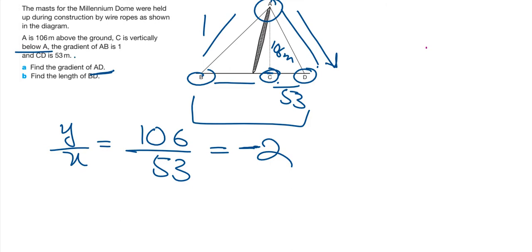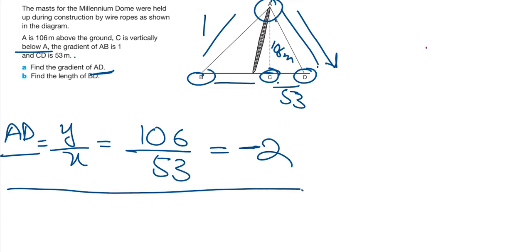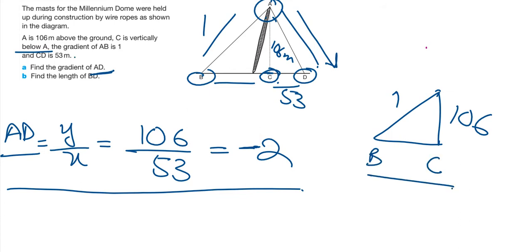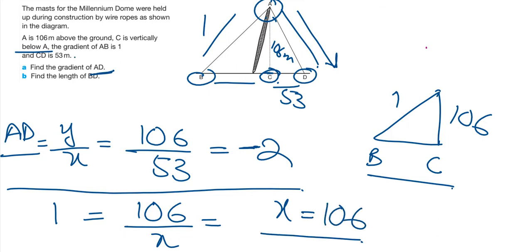Okay, and what do we need to do? We have already found AD, and now we have to find the BD value. We have the slope of this whole area. Let me write it over here. 106, the slope is given. We have to find the BC value, and here X is given, X is equal to 106 meters.